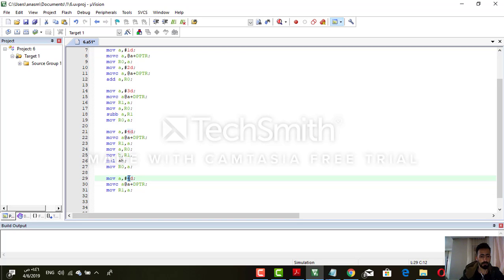Yes, but this is the fifth number, data pointer at A, and we move. Now we have the value at register 1. Okay, now we have to move the value of register 1 to B.